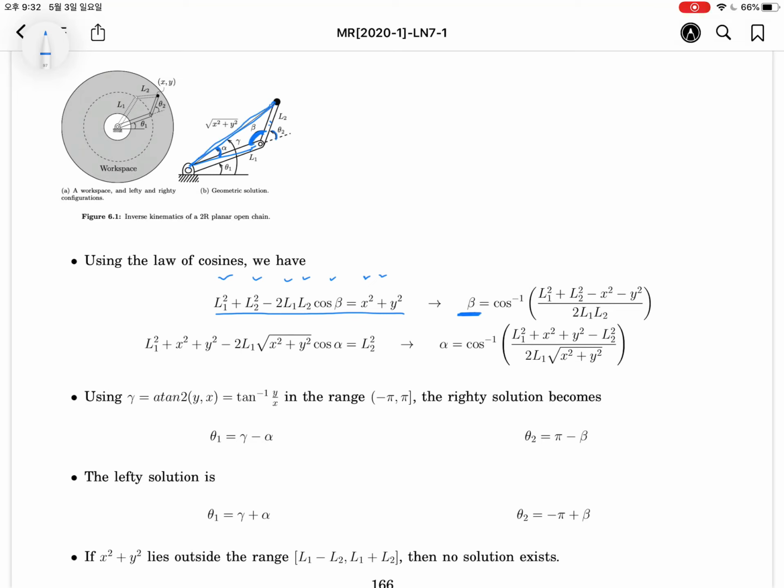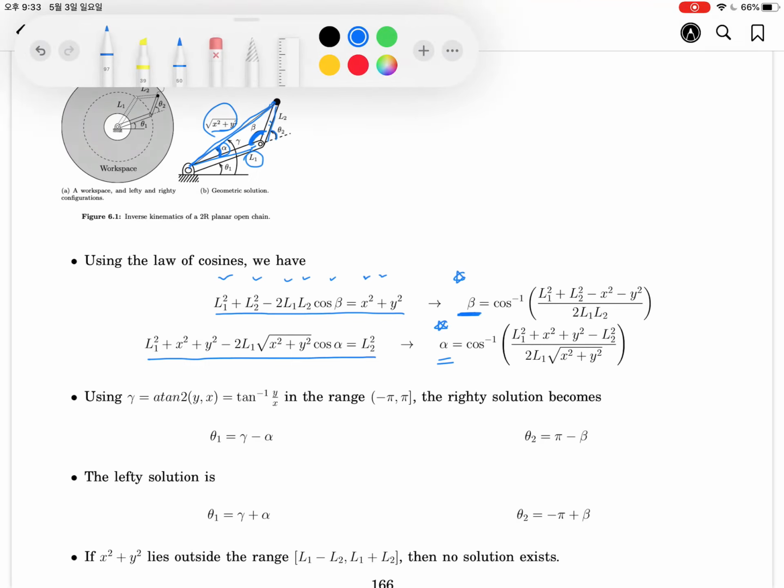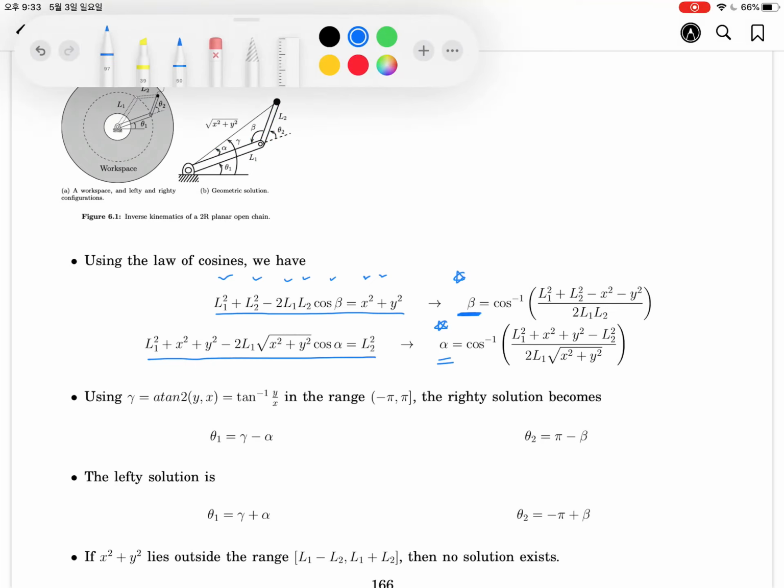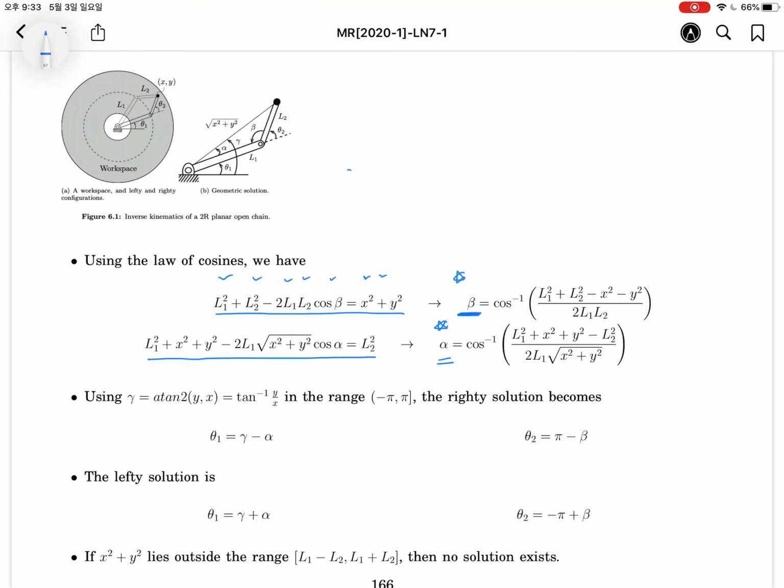So L1 squared plus x squared plus y squared minus 2 times this one and this one, and the cosine alpha, will be equal to L2 squared, like this. So we can calculate the alpha angle. By using beta and alpha, in this case we can obtain θ1 and θ2.